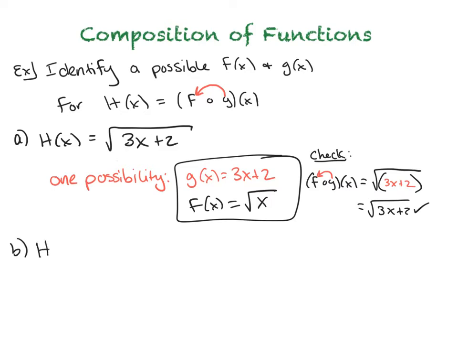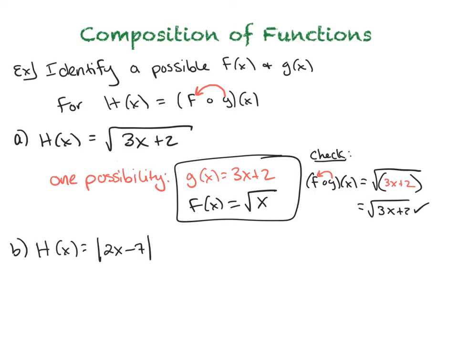Let's say h of x is equal to the absolute value of 2x minus 7. Now remember, I don't want one only answer. This is just one possibility.